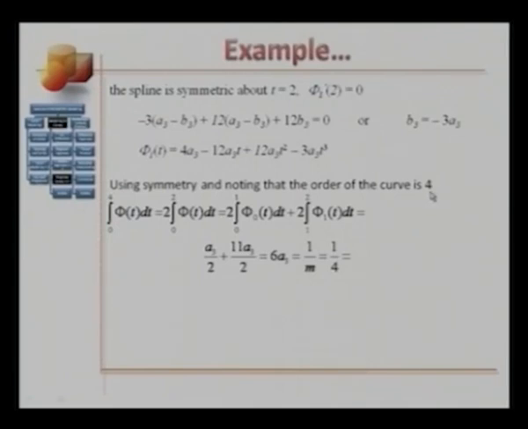Cubic polynomial, composite, continuous, piecewise. Many terms. Confusing. Okay. So a3 will be 1 over 24.